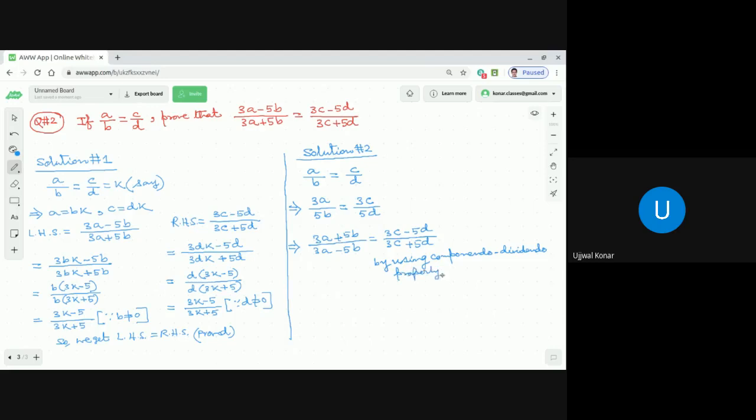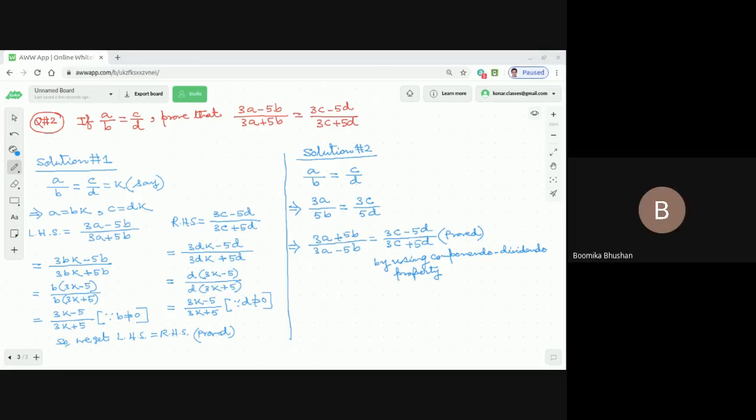Using this property, you see how quickly we are able to solve it in just two steps. So this shows why we should use the property. It is not that for every problem you are able to use the property, but wherever you are able to, definitely use that property to solve it.